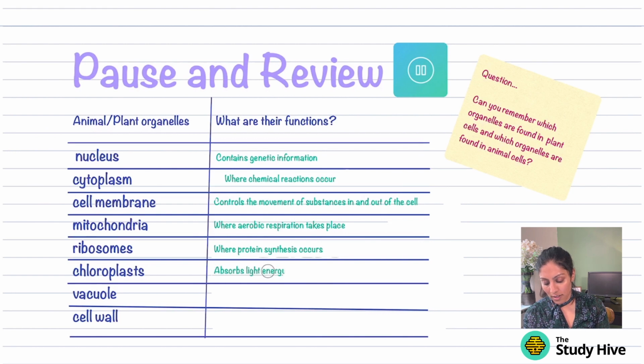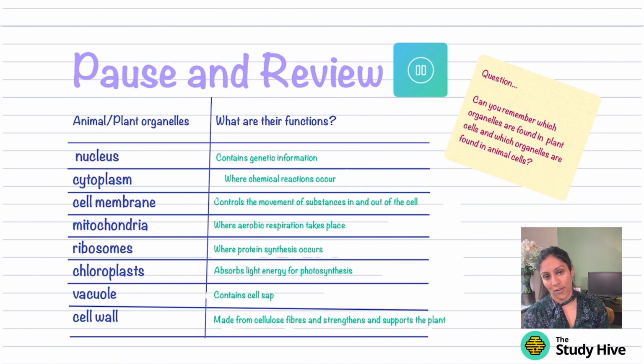Your chloroplast absorbs light energy for photosynthesis, so it's a green substance, usually has a pigment called chlorophyll found within the organelle chloroplast. And then you have your vacuole, and that contains cell sap. Remember, chloroplast, vacuole, and cell walls are only found in plant cells. And your cell wall is made from cellulose fibres and strengthens and supports your plant.